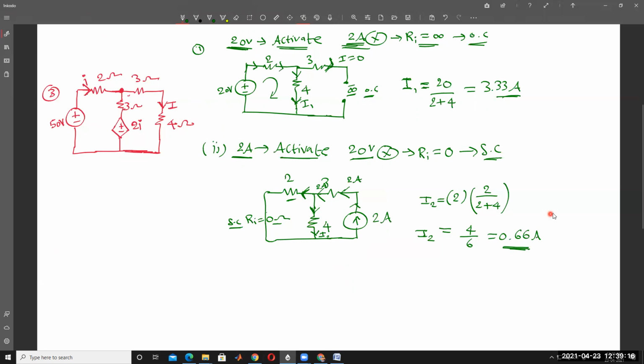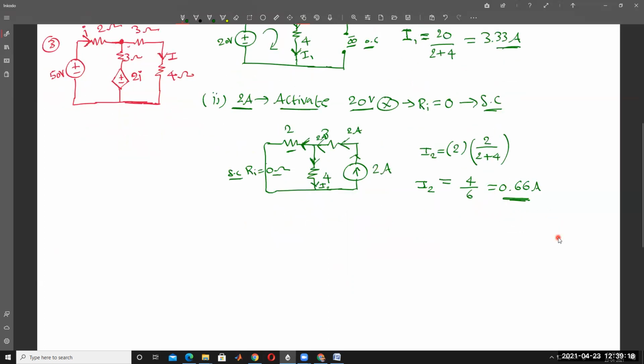And then according to the superposition theorem, the total current I is equal to I1 plus I2. So what is the I1 here? It's 3.33. Right? 3.33. What is the current I2? 0.66.